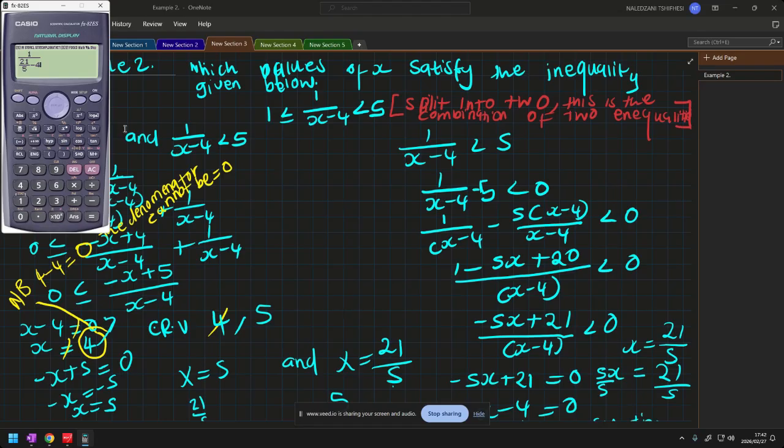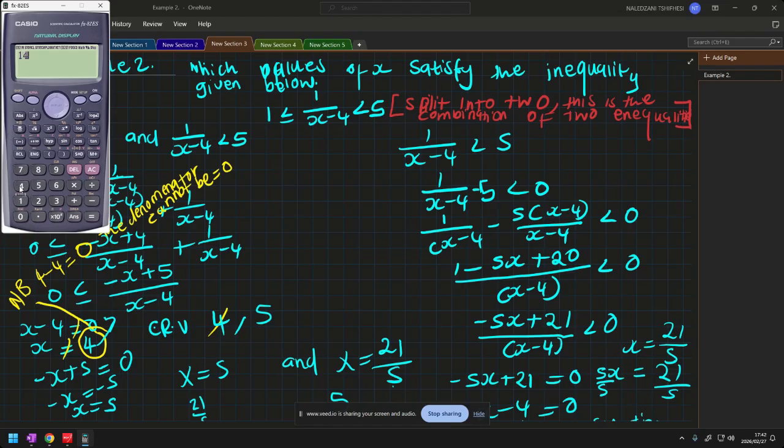Do we want the answer that is less than 5? Okay, let's go plus 20, 21 over 5 is equal to 4.2. Okay, now we're going to apply 4.3, right?